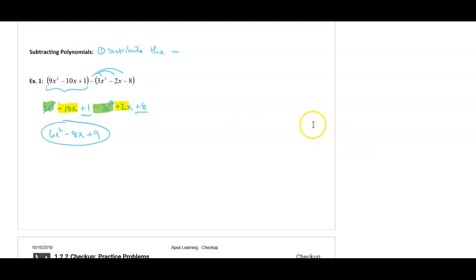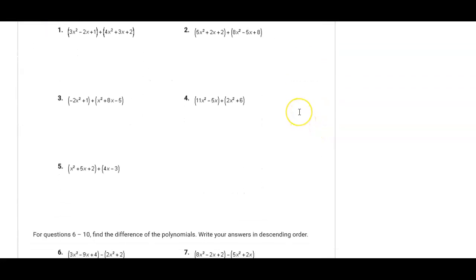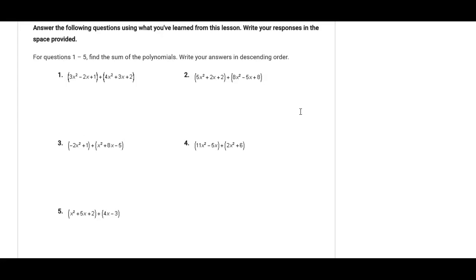Okay, so let's look at the checkout problems. For these, I would like you to go and do these on your own, and then come check your answers real quick. So the first one here, 3x squared plus 4x squared is 7x squared.